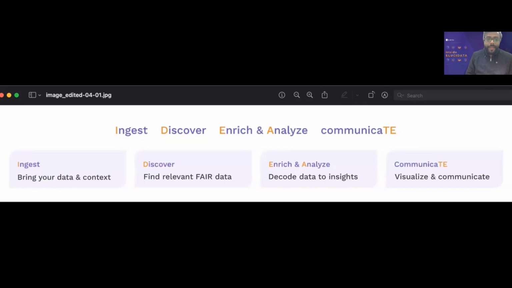So DataOps primarily consists of ingest, but there is also discover and other components to it. But most importantly, DataOps is primarily very important for ingesting the data.